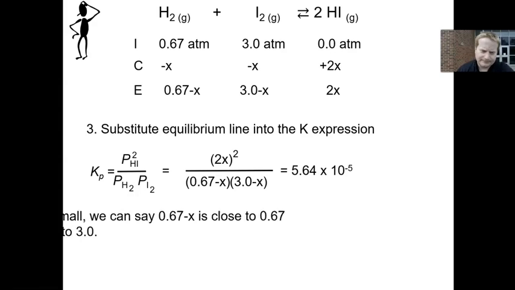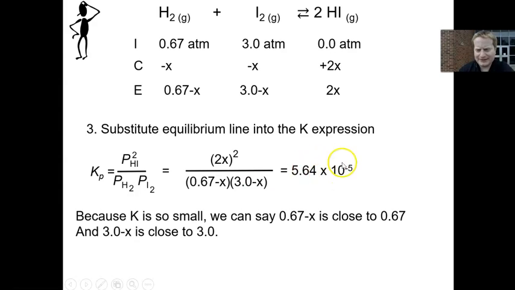That assumption is that because this value is so small, we're going to assume that this x value is also relatively very, very small. In fact, anytime you have a very, very small number for a variable, and you're adding or subtracting it relative to a whole number, we know that adding or subtracting a very small number will not have much impact on the number.